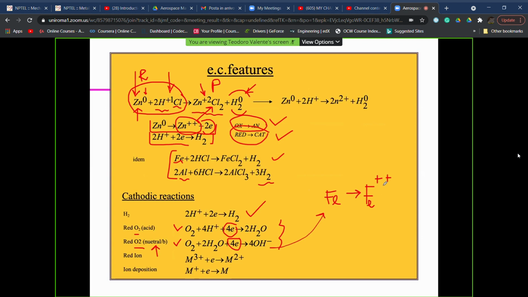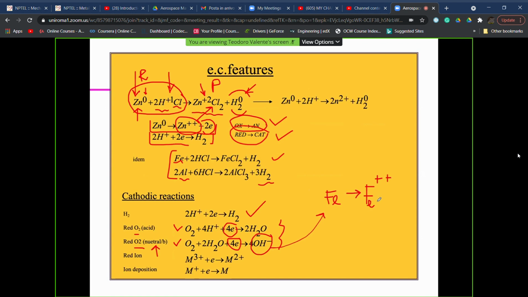It leaves 2 electrons, okay? These 2 electrons are consumed, with the appropriate stoichiometric balance of the reaction, by the oxygen present inside the condensate phase, and OH minus 1 is formed as a result.